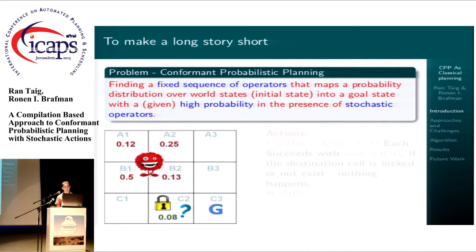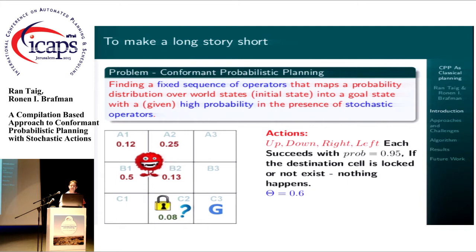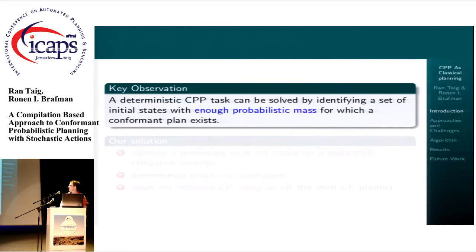And we need to bring the monster to the goal. Actions are stochastic here, so any move has a success probability of 0.95. But if the destination cell is locked or does not exist, then nothing happens. And let's say that we need to achieve the goal with probability of at least 0.6.